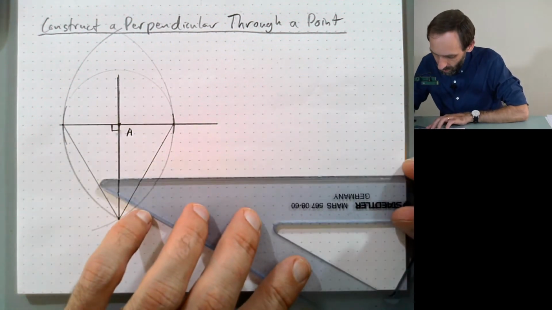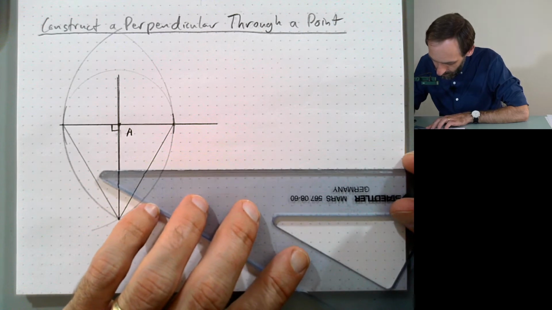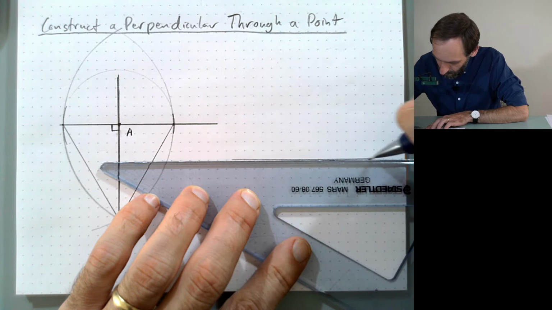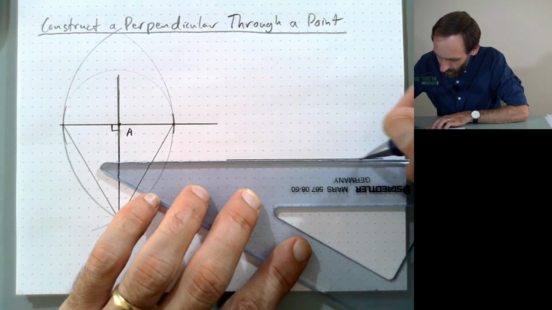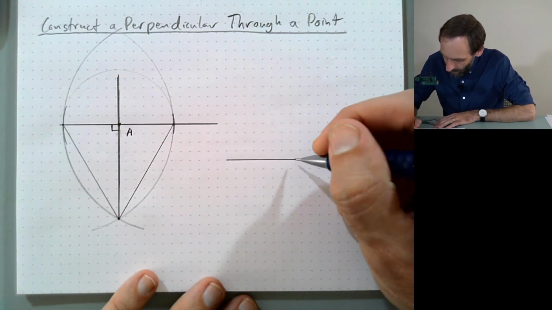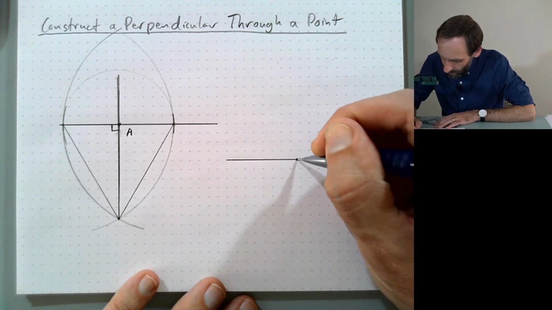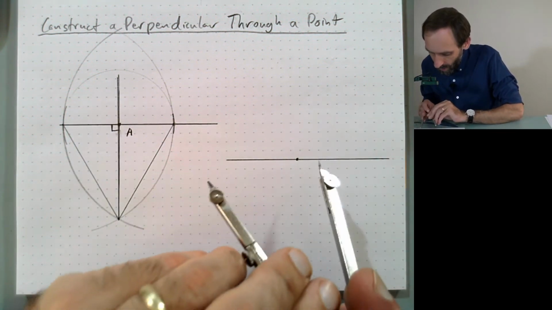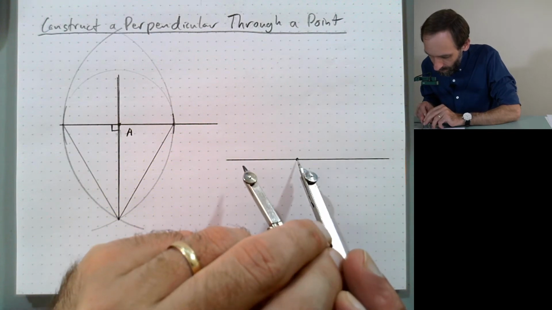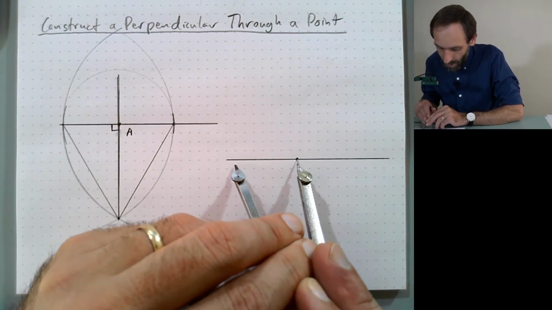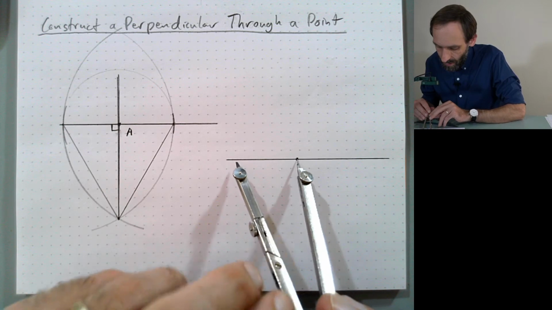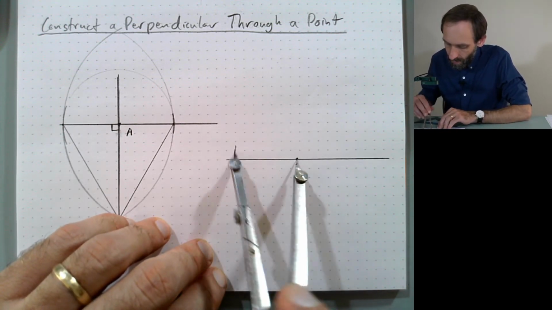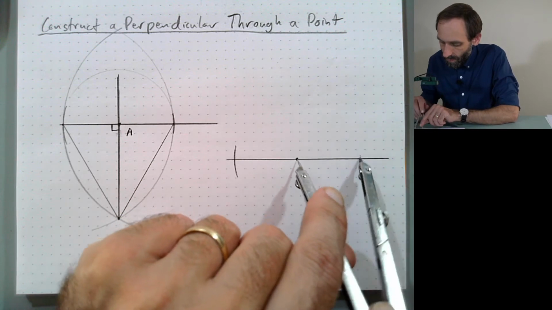Let's go ahead and once again draw a line. I'll draw right here. And once again, we need to pick a point on that line. And we need to set the compass to some setting that intersects the line but isn't too small.